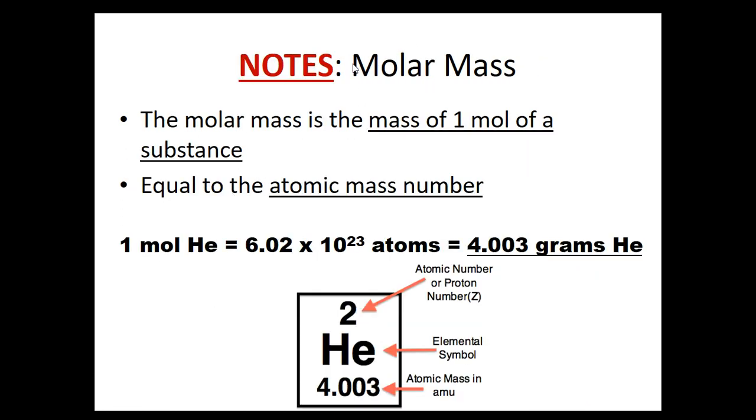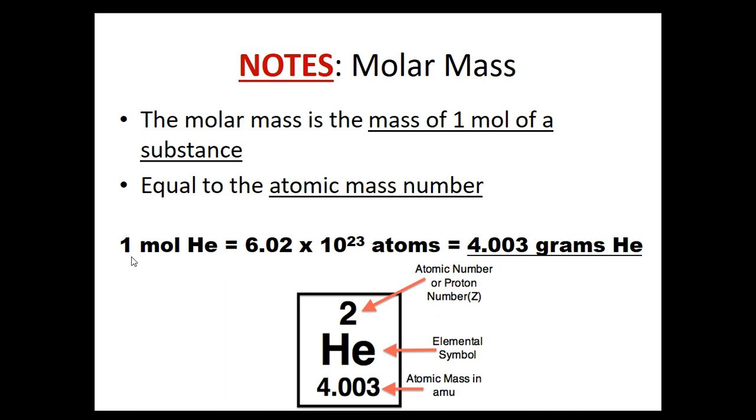All right, so the molar mass is the mass of 1 mole of a substance. We find this molar mass on the periodic table, and we calculated that in the previous lesson. The mass on the periodic table is how much that would weigh in grams if I had 1 mole sitting on a scale, and this is equal to the atomic mass.